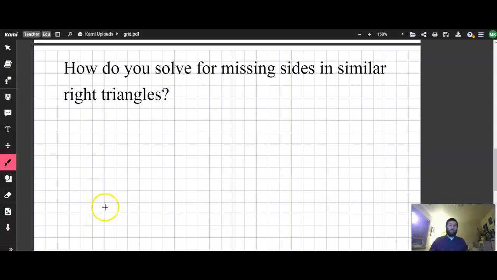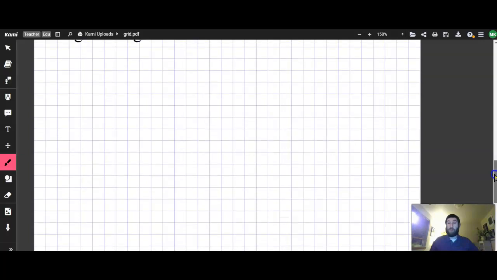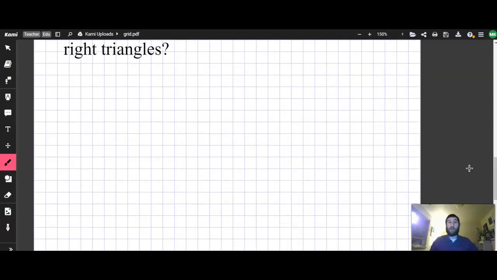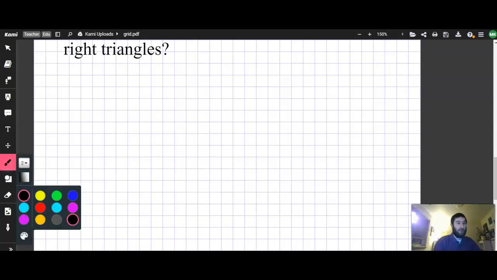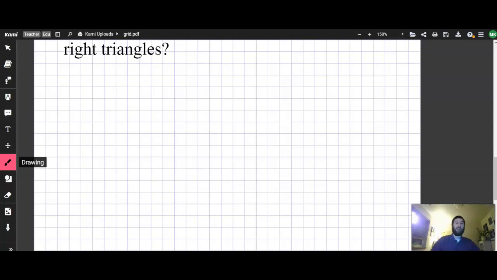So let's start by actually drawing ourselves a right triangle, putting some numbers on it, and then we'll immediately break it apart. Ladies and gentlemen, you may notice that I am using lots of colors for this. It is essential that you do the same.